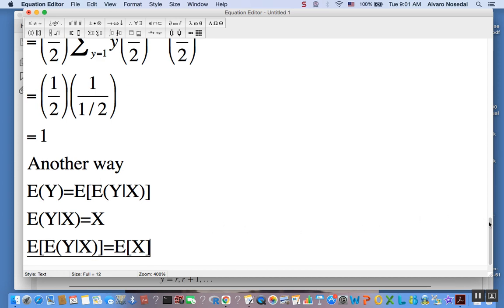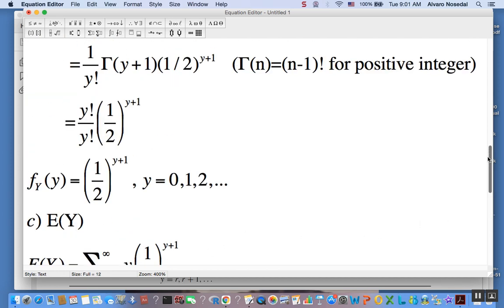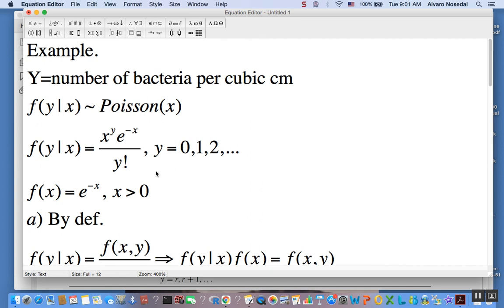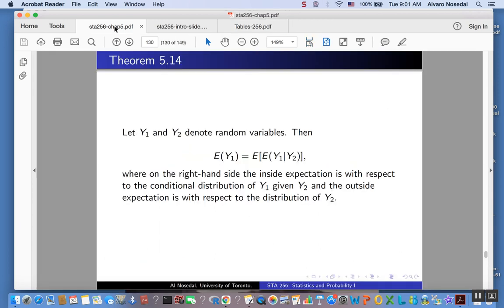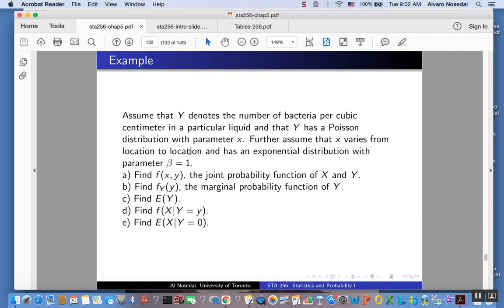And we go back to the statement of the problem, and we are told, hey, x has an exponential with parameter beta equals 1, right? We know that from the statement of the problem, and I think this was slide 132. Yeah. So x has an exponential distribution with parameter beta equals 1.